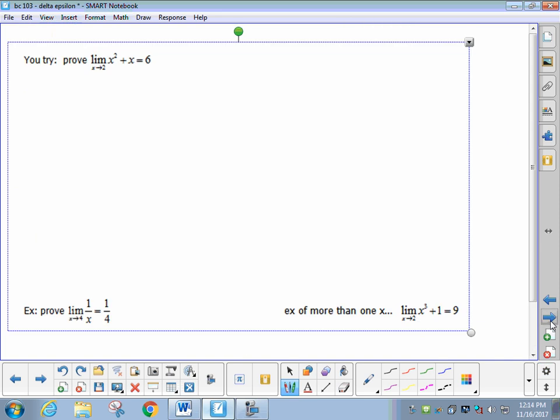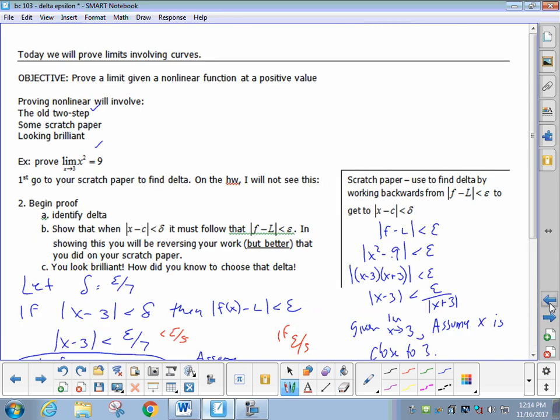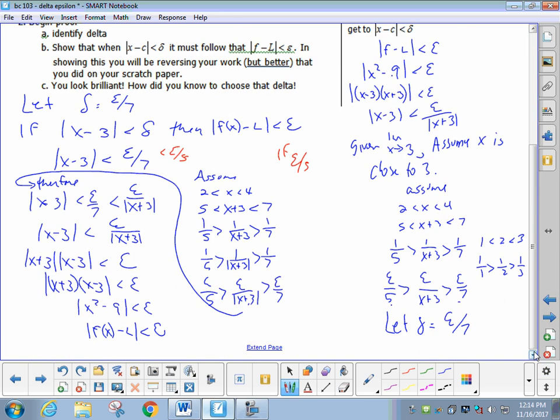So I'm not sure about the epsilon over 7. Your delta can't be a function of both. I couldn't use let delta equal epsilon over x plus 3. Delta has to be a function of epsilon only.